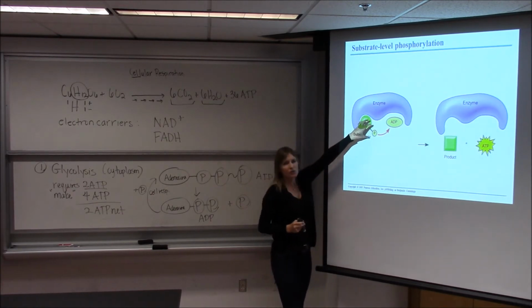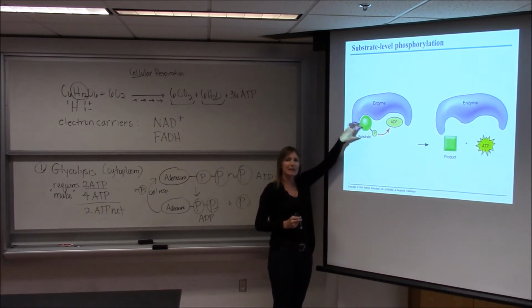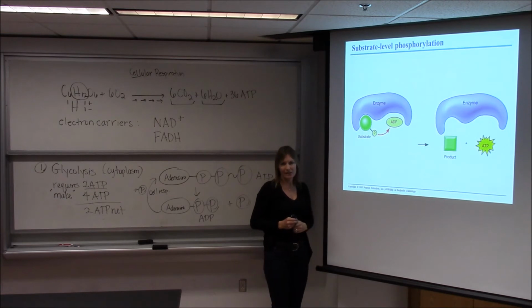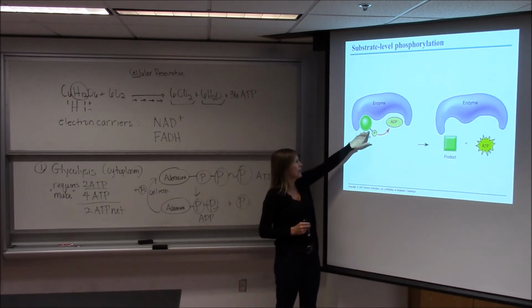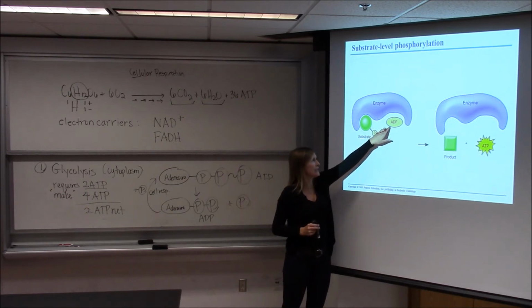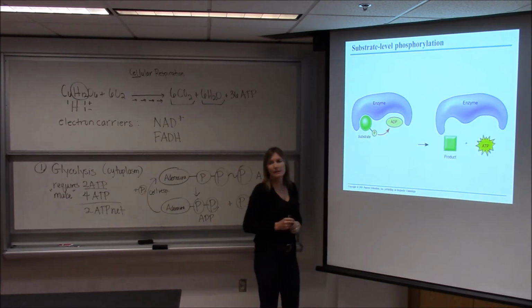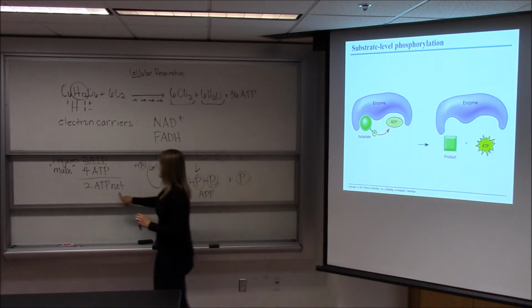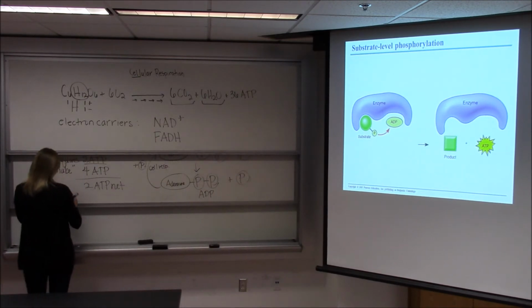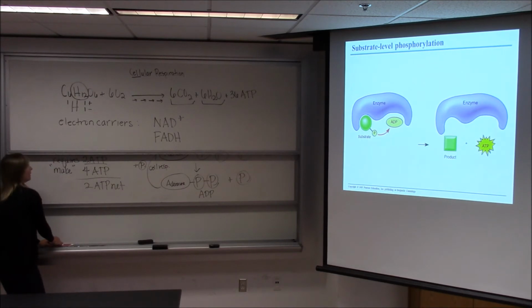Remember, the substrate is the reactant that binds to the active site of an enzyme. And because we're taking this phosphate group from a substrate and transferring it to ADP, we call that substrate level phosphorylation.